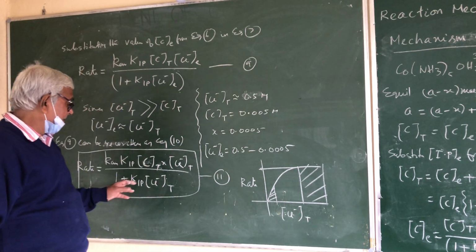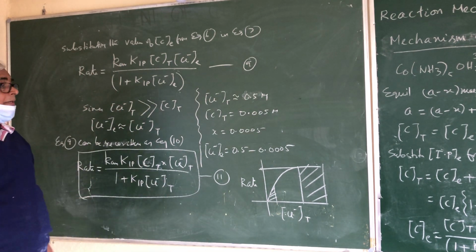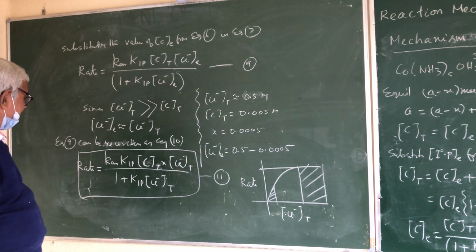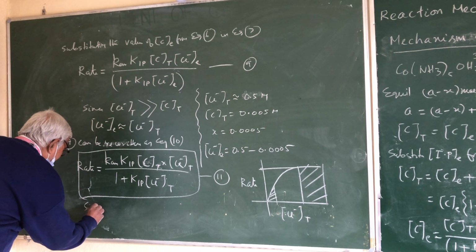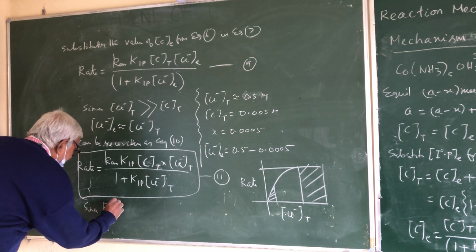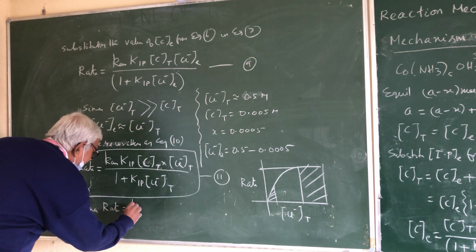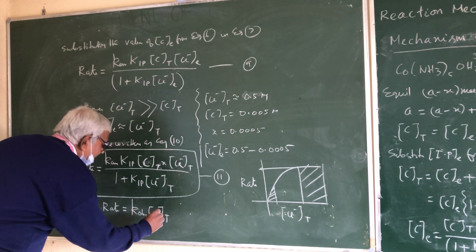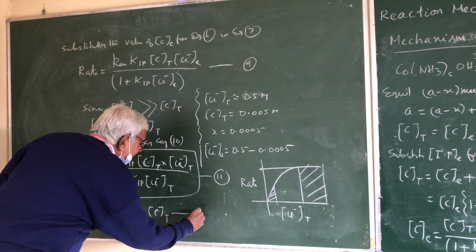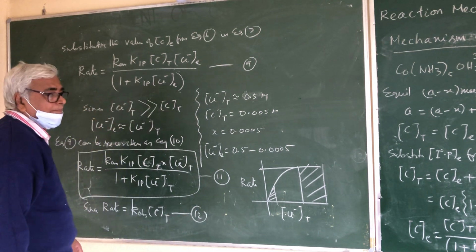So let us convert this rate law into K observed. Since the rate is equal to K observed into complex total, equation 12.